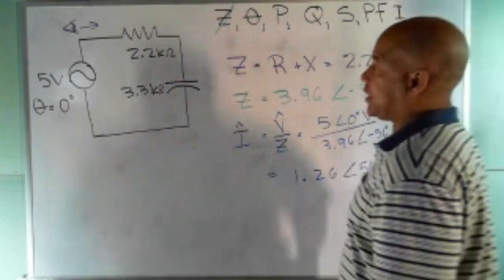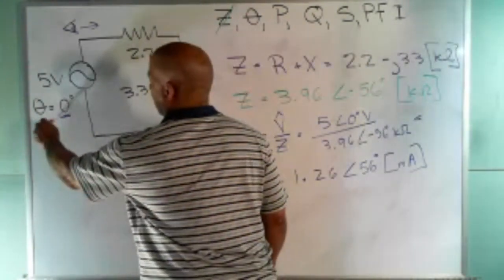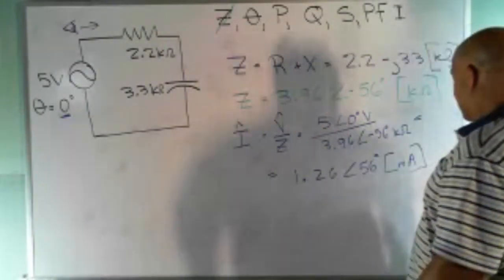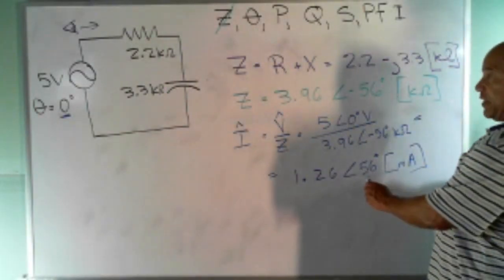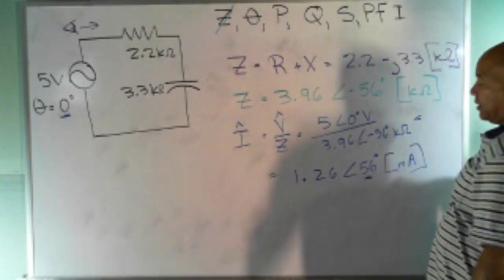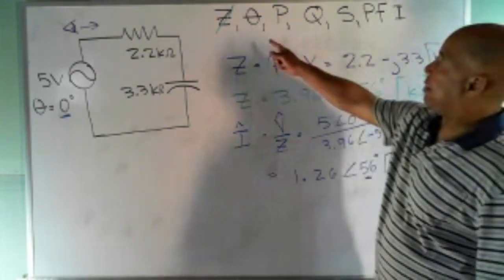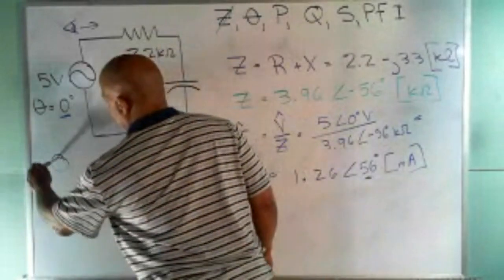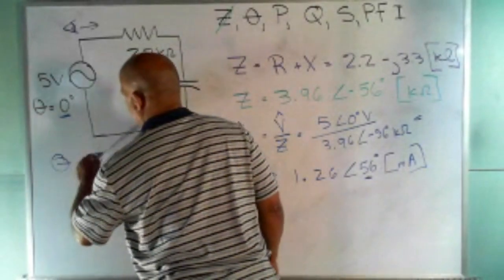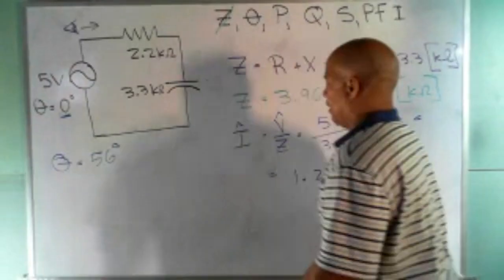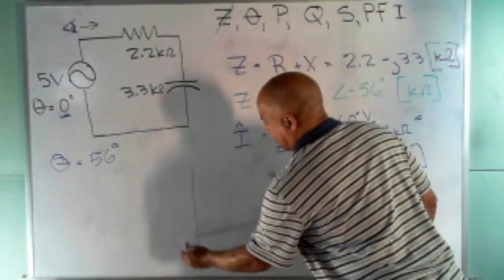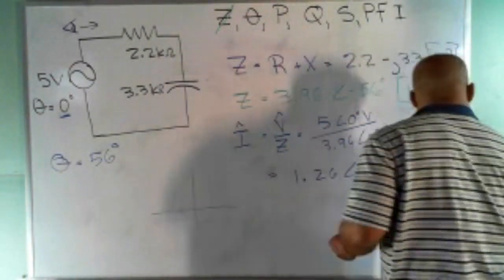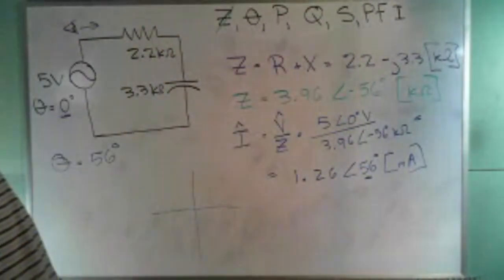Now you can see my voltage is at 0 degrees and my current is at 56 degrees. If you draw a phasor diagram, you can really see it. I always like to draw it because I kind of can get an idea where things are.